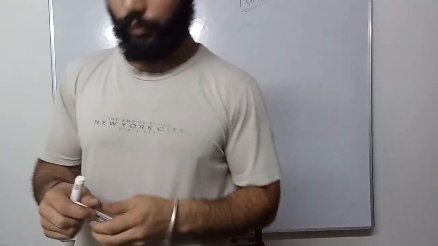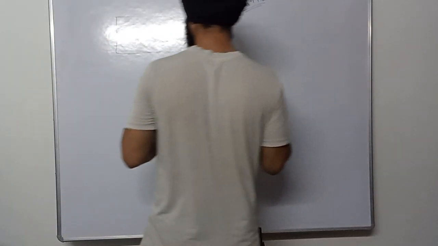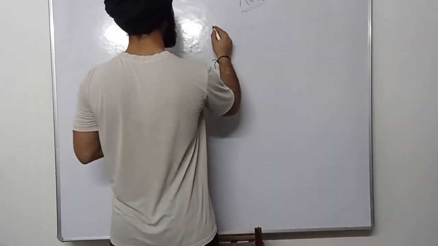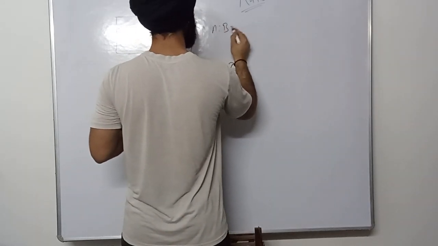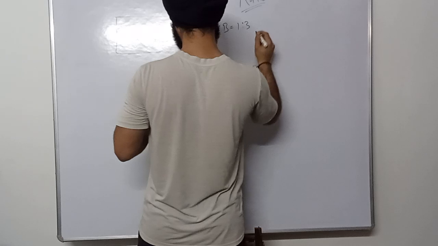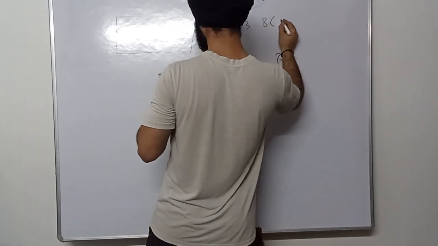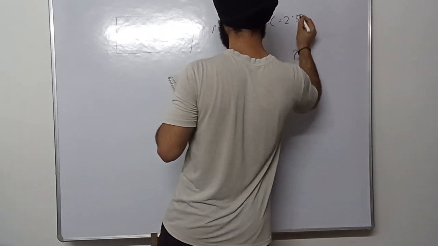I am going to give the instructions in black, and I will write the question as they have said. So the first question: A ratio B is equal to 1 ratio 3. B ratio C is equal to 2 ratio 5.